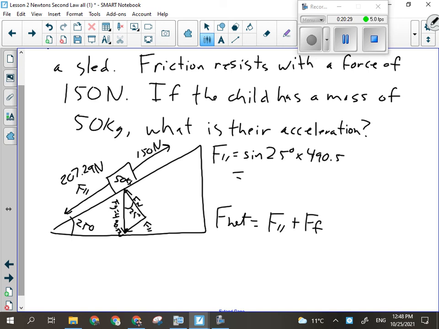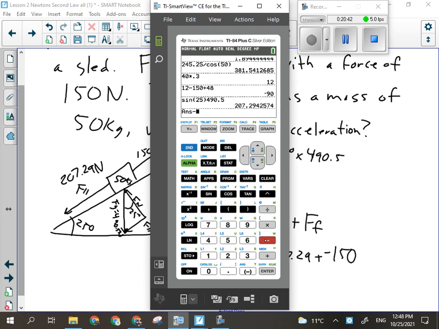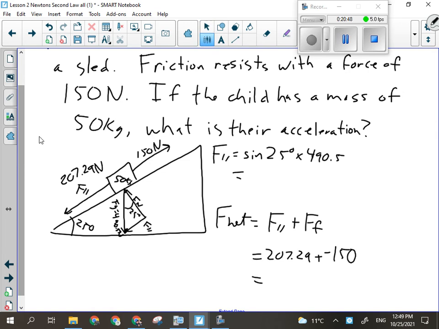All right, so I'm going to have my 207.29 plus negative 150, or minus 150, they're opposite. So we're looking at a net force of 57.29 newtons. What do I do next?